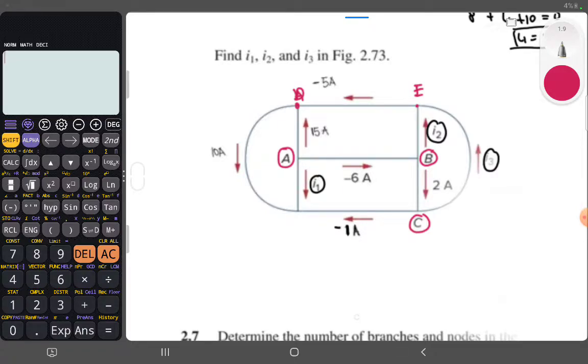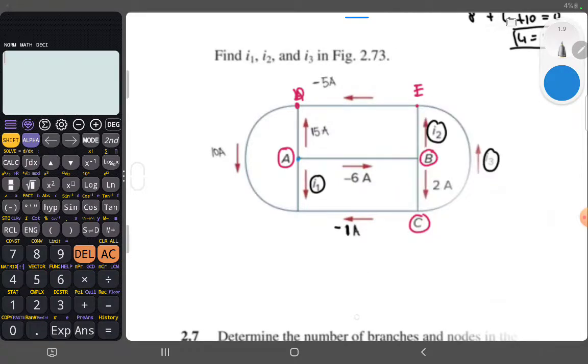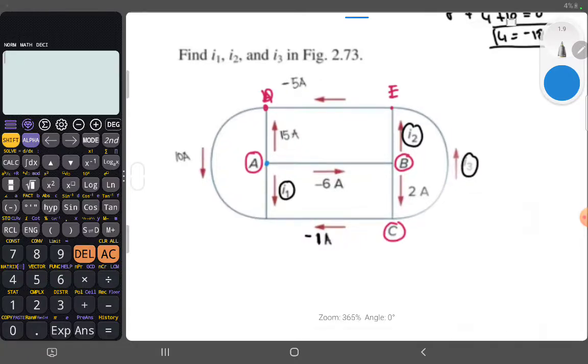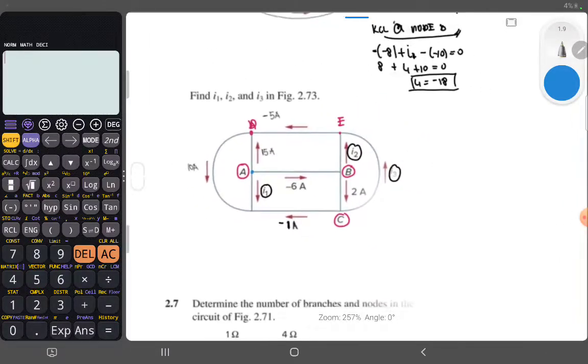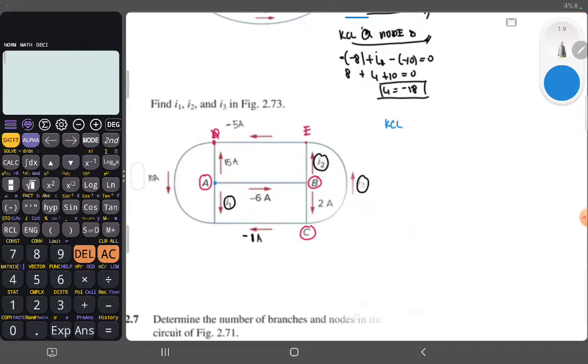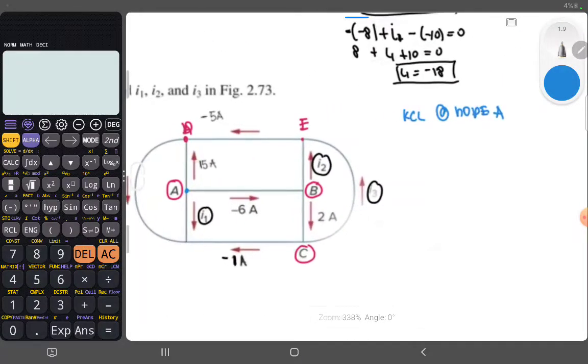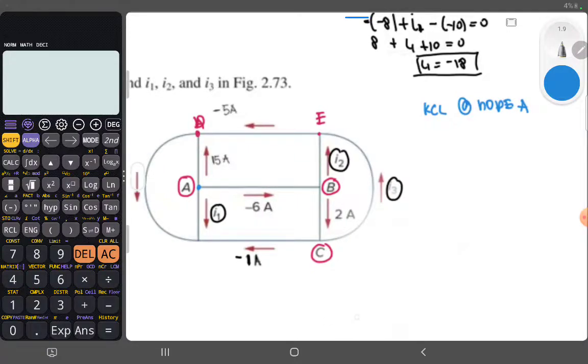Okay, so dito naman sa ating node A, okay, itong node A pwede natin siya gamitin. So having our KCL at node A. So if I will have KCL at node A, ito yung node A ko.